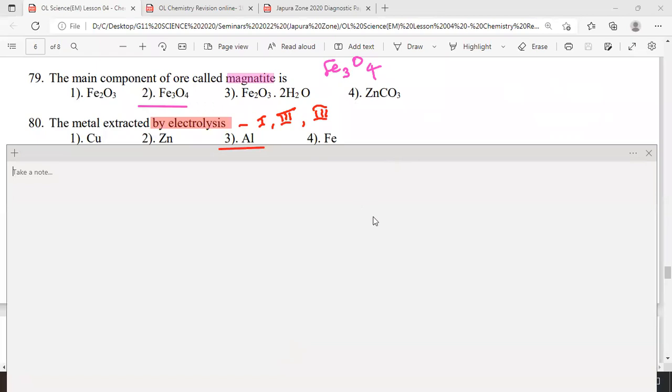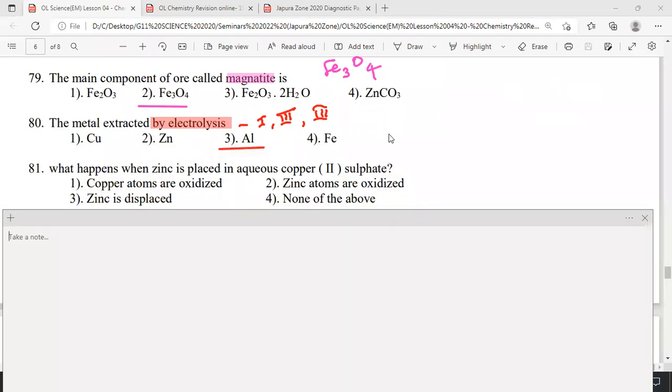If you don't know the first 14 metals in the activity series, you will find it very difficult to answer the questions under this, then single displacement reaction, electrolysis. Okay, question number 81, some students gave the second answer. Vilana Sitlini, third answer, and Kavindu, second answer. What about the others? Any other volunteers?